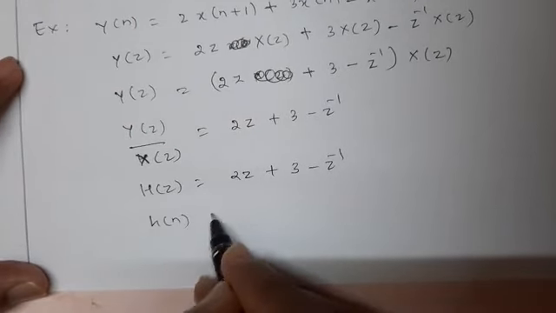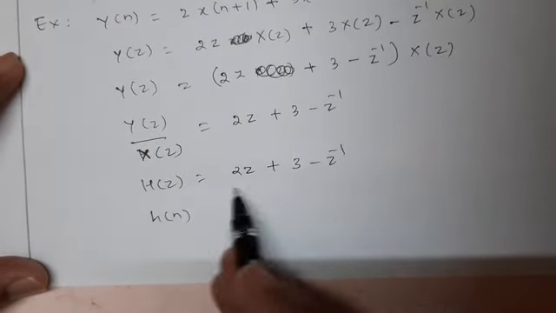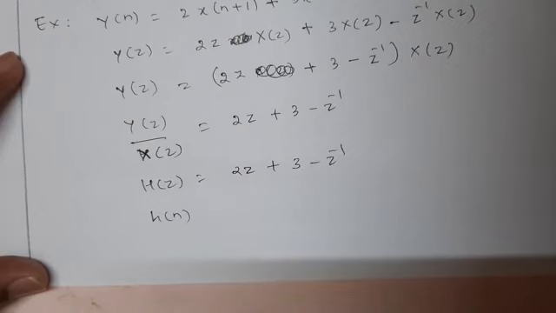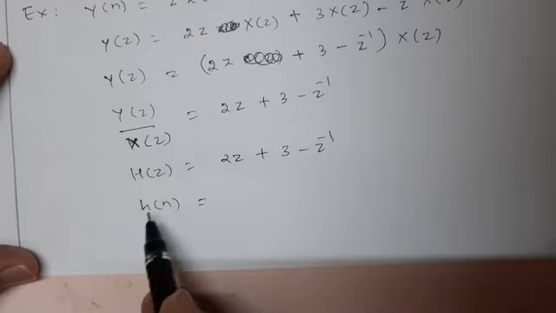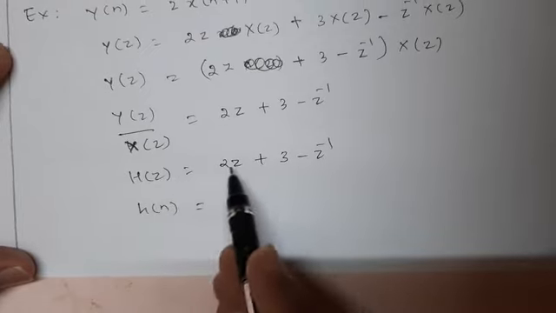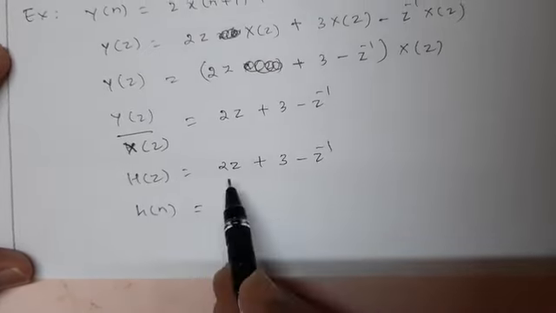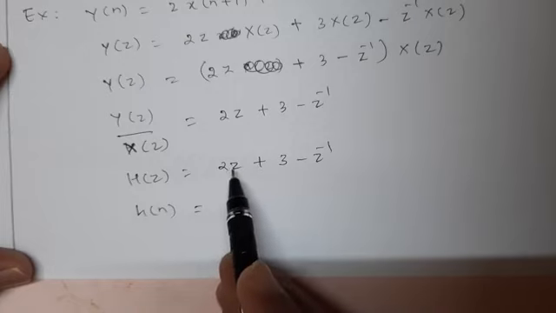Earlier you took the partial fraction, but here there is no denominator to have any partial fraction. So here you have to assume that this is h of z, and h of n is the inverse z transform of this.